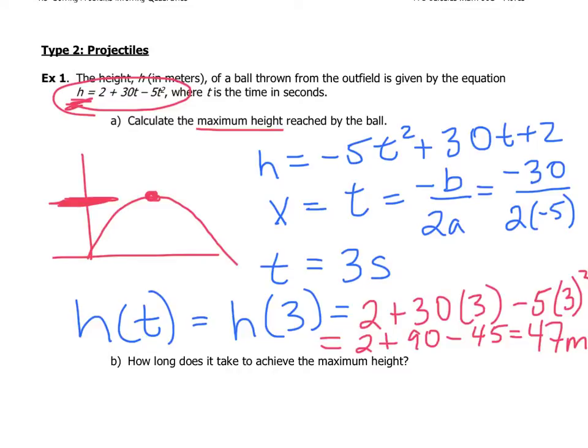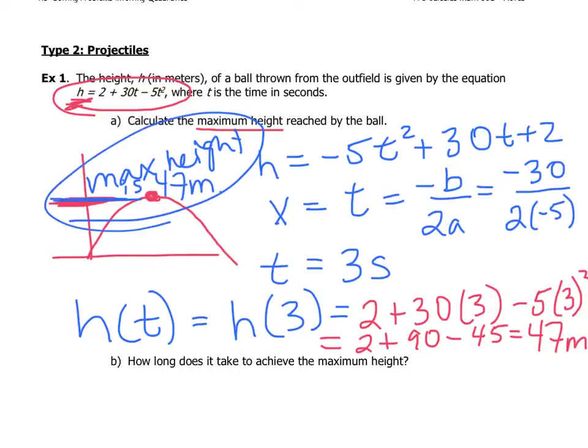So plugging in t equals 3 gives us 2 plus 30 times 3 minus 5 times 3 squared. And we end up with 2 plus 90 minus 45 equals 47 meters. So we can say that the maximum height is 47 meters, right there.